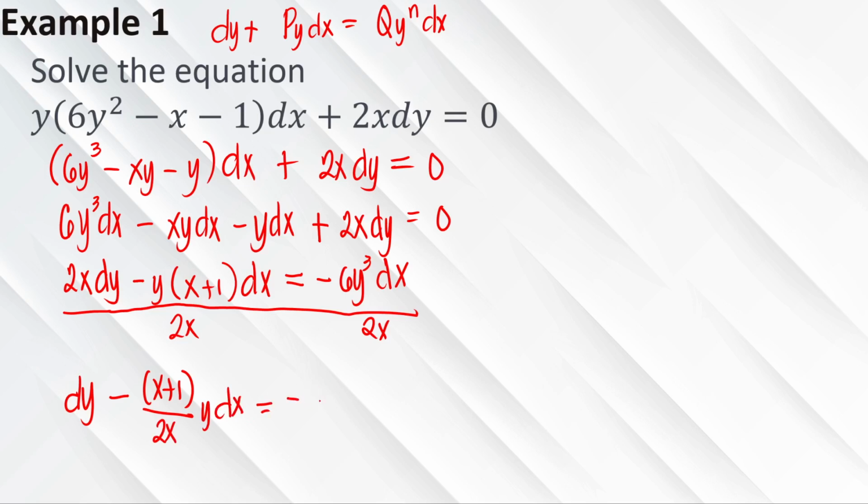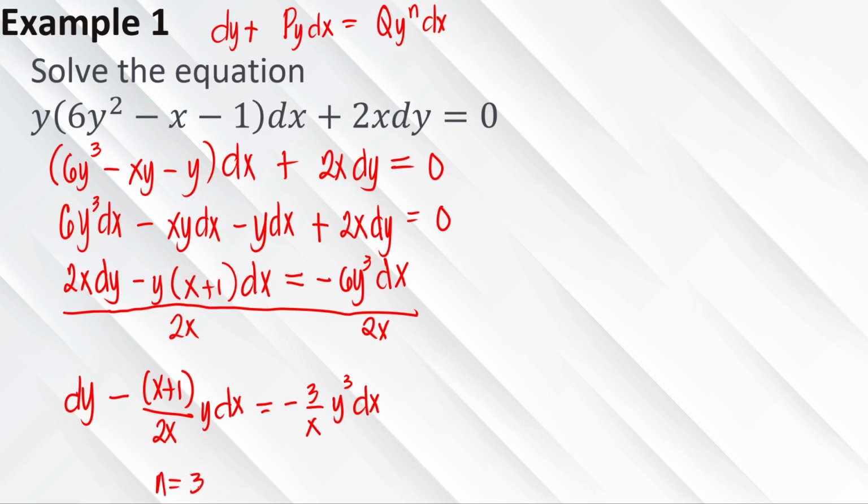Negative 6 all over 2 is negative 3. Negative 3 all over x, y cubed dx. Ayan. Meron na tayong dy plus Py dx equals Qy raised to n. Kamukha niya na, where ang n natin is, of course, equal to 3.